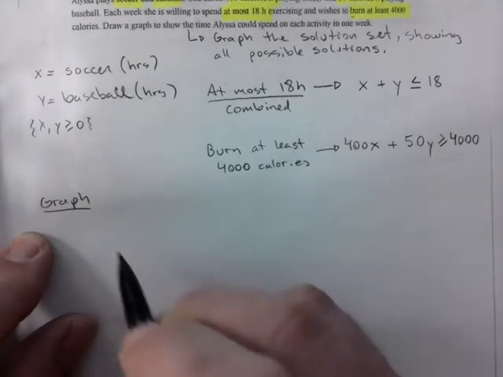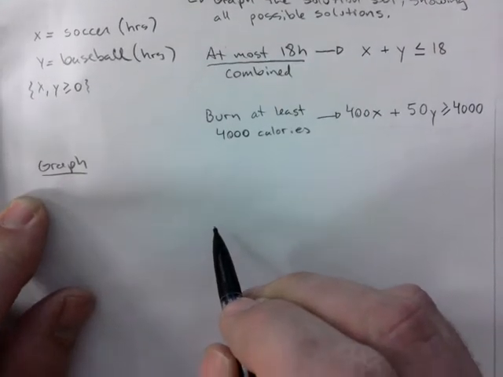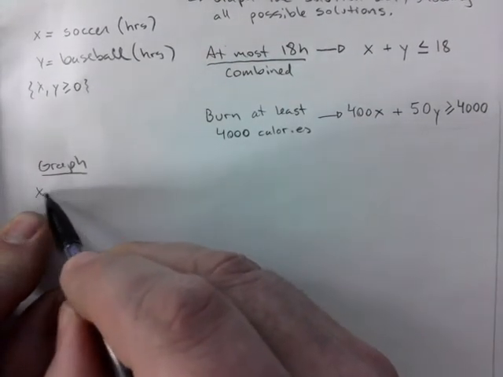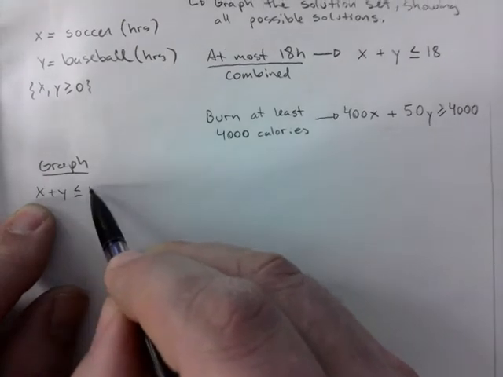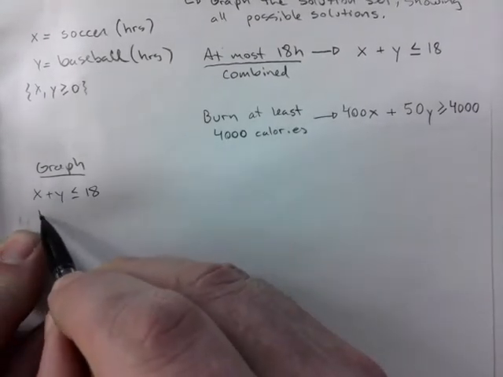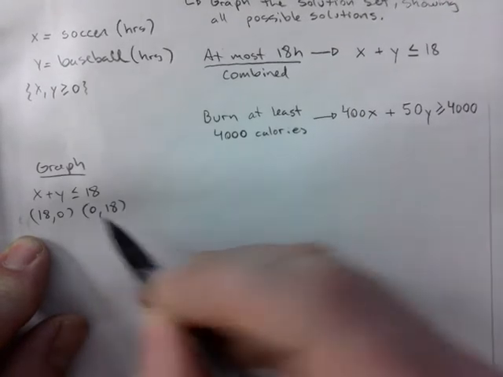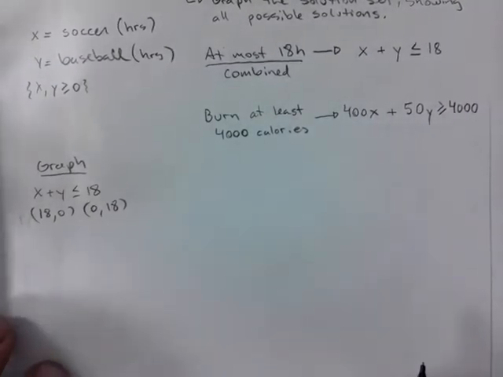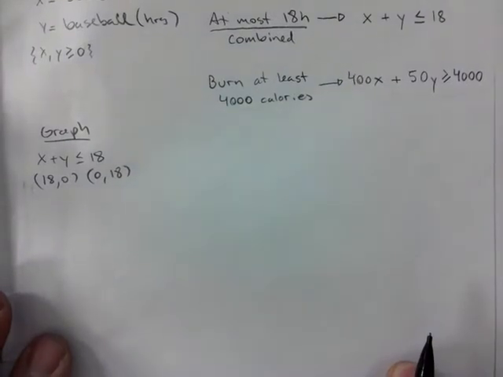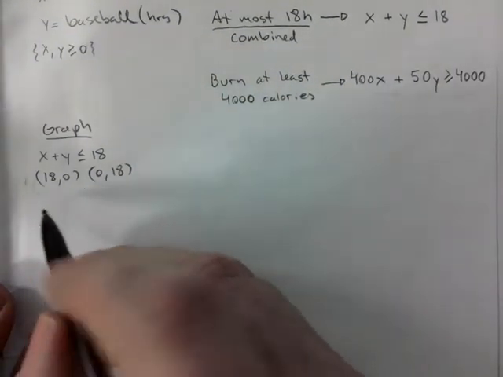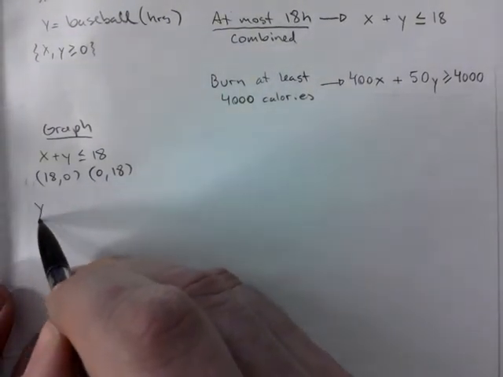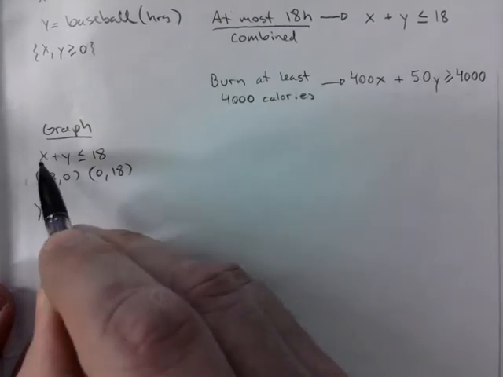And before I graph, I will come up with the intercepts. So it's just 18, 0, 0, 18. I will not even show my work other than just stating the obvious, right? And I will just rewrite it. X comes over negative.